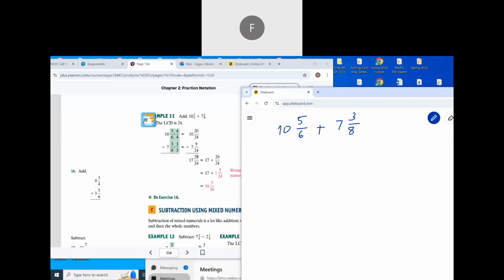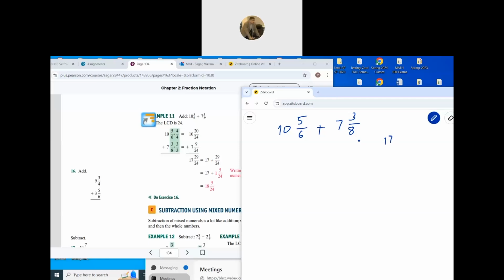Now your book is doing, you can also do it that way. They are doing 10 plus 7, which is what? 17, right? 17 here. And then they are adding these numbers. So 17 here.